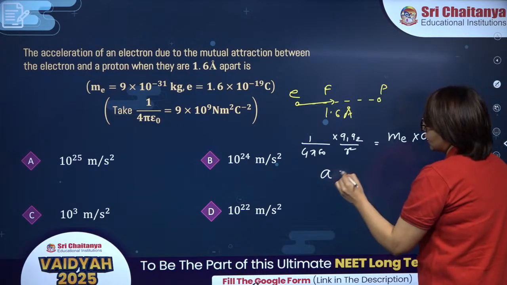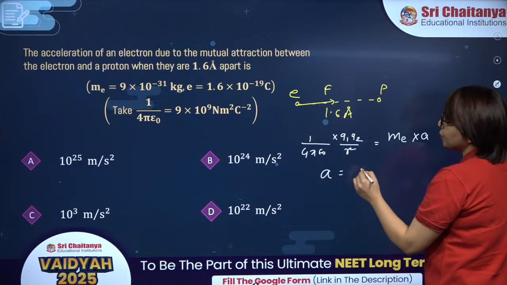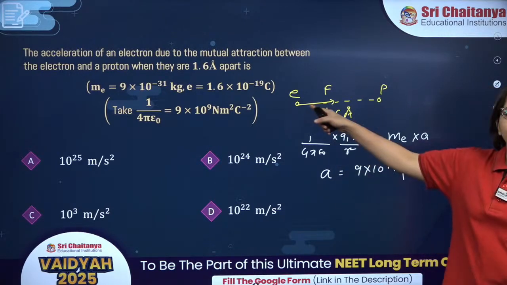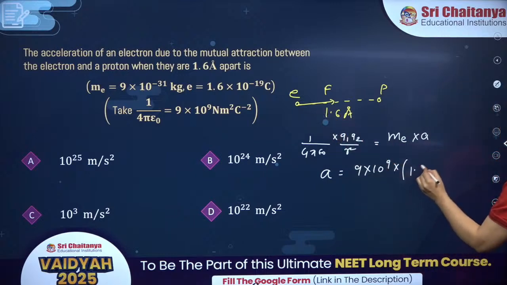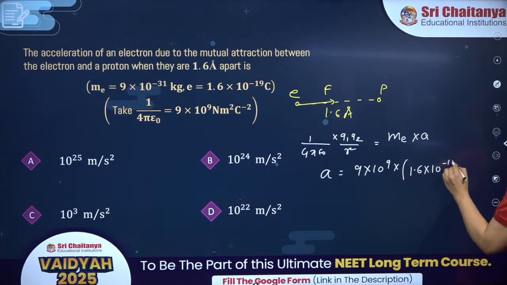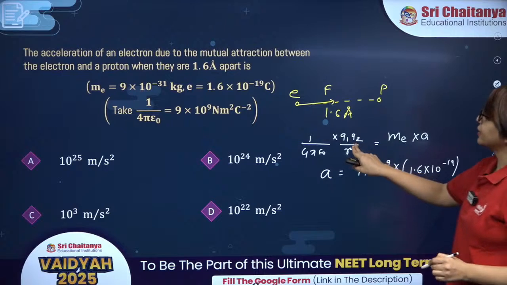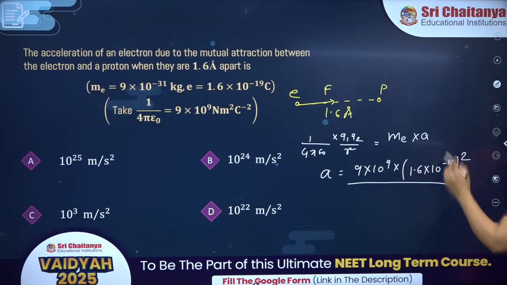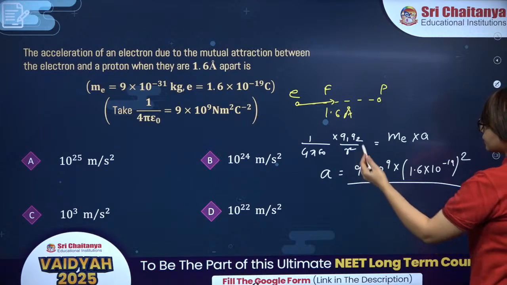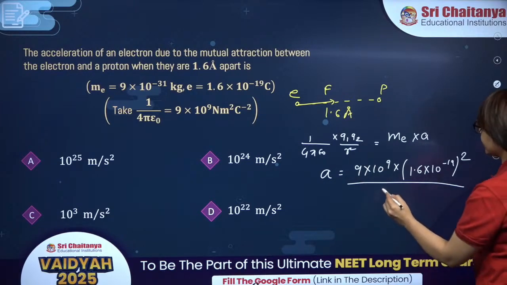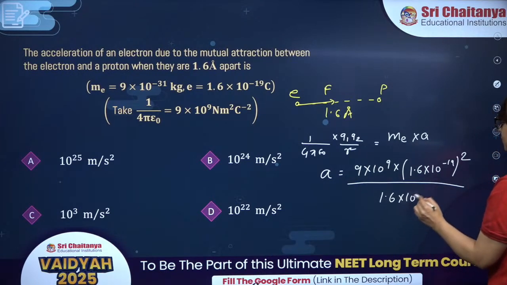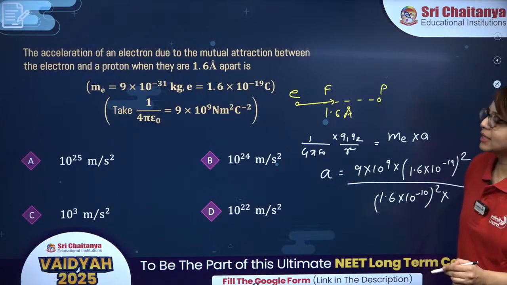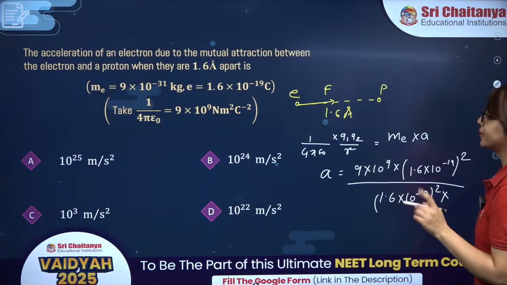So acceleration is 1 upon 4 pi epsilon naught, which is 9 into 10 to the power 9, into Q1, charge on electron, which is 1.6 into 10 to the power minus 19, into charge on proton Q2, which is the same value, so we can square it, divided by r square, which is 1.6 into 10 to the power minus 10, divided by mass of electron, which is given as 9 into 10 to the power minus 31.